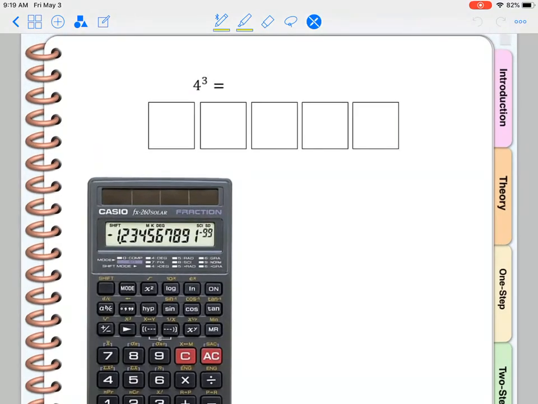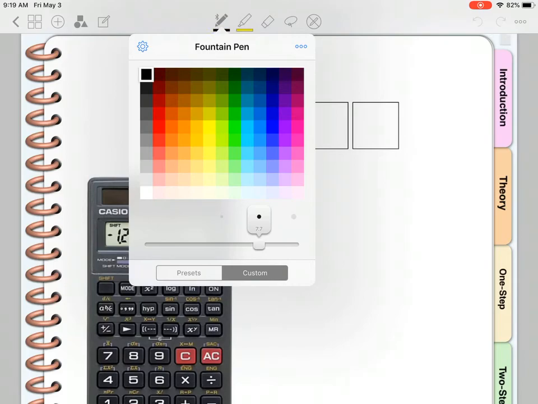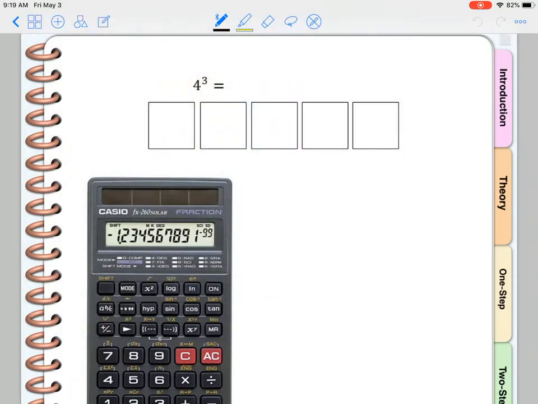Before I actually show you the calculator steps for this one, I want to show you what it means, because some people have not had these before. Let's just talk about what this is actually saying. In this type of problem, 4 is called a base, and 3 is called an exponent.